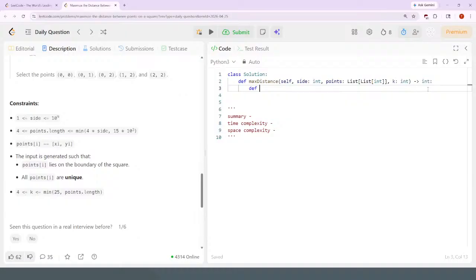What I think I want to do is, can I just rearrange the points array so they're all on a number line?